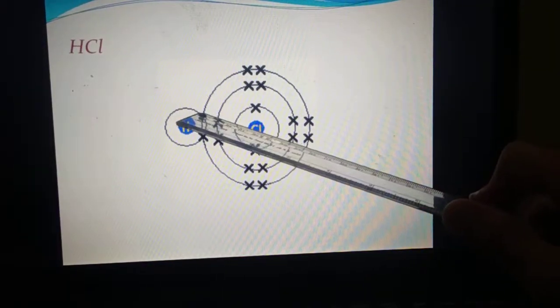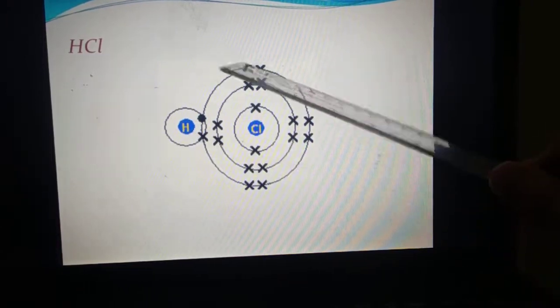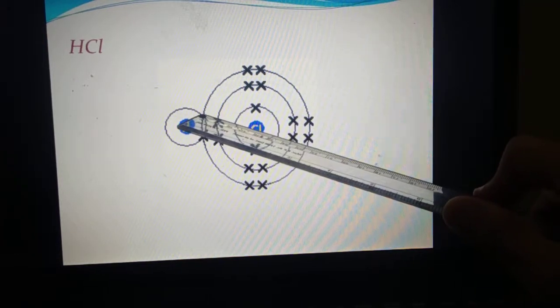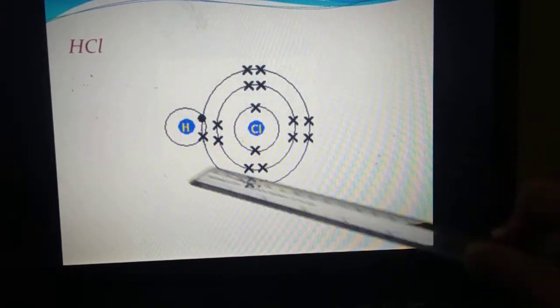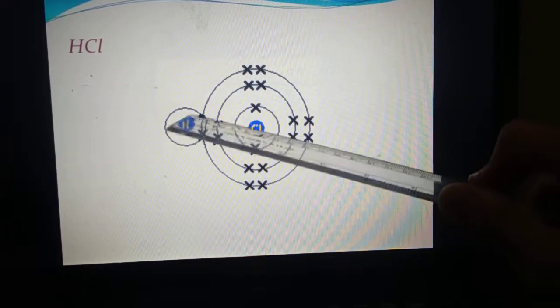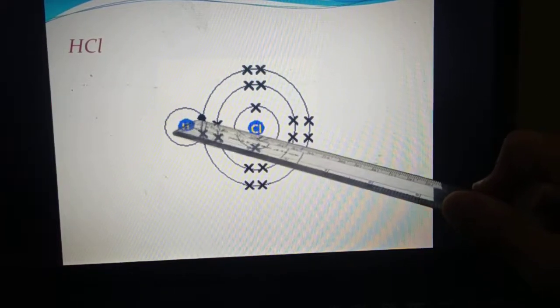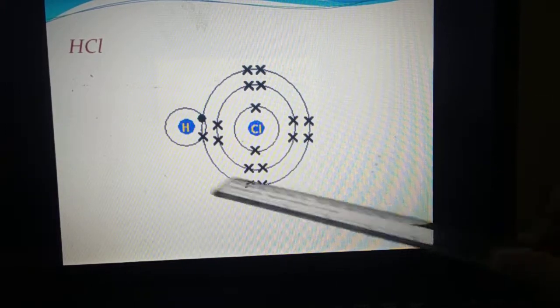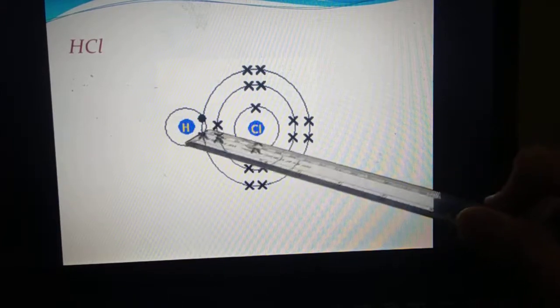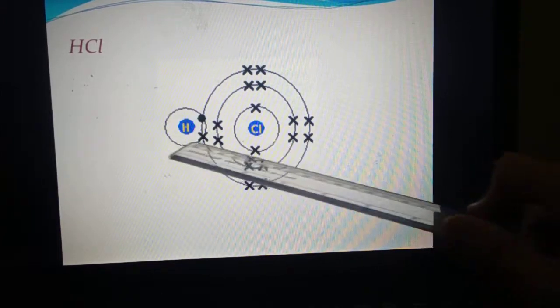Hydrogen has 1 electron, chlorine has outermost 7 electrons. So for getting stable, chlorine needs 1 electron more to get 8 electrons in the outermost shell. So when chlorine shares with hydrogen, chlorine will have 8 electrons and hydrogen will have 2 electrons. For hydrogen, 2 electrons is enough for getting stable.